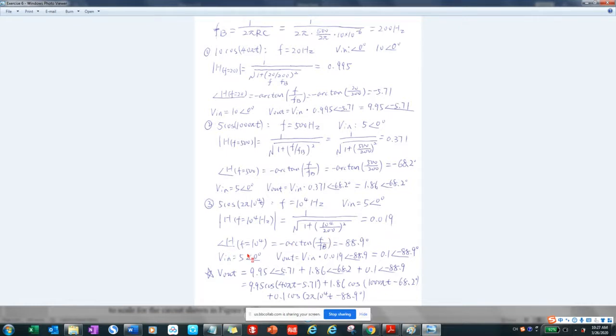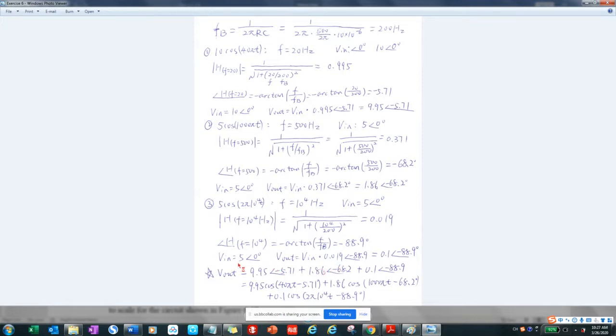And for the phase angle, at frequency 10 to the power of 4 it is negative arctangent F over FB, 10 to the power of 4 over 200. We get the phase angle as negative 88.9. Then our input is 5. The output is input multiplied by the transfer function. You can see transfer function's magnitude is very small.